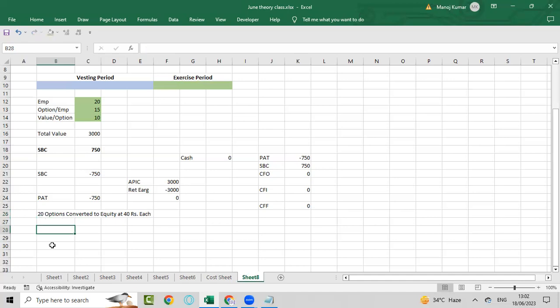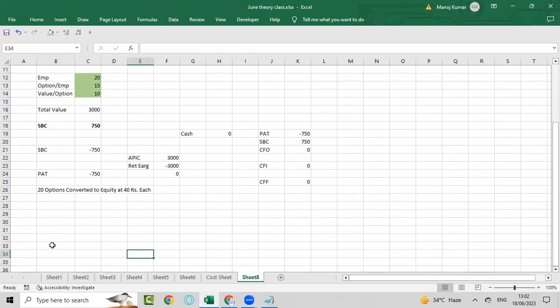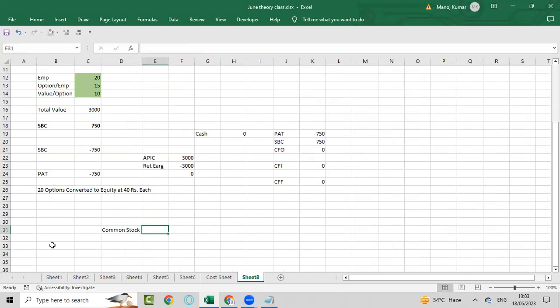So in the income statement, no effect. In the balance sheet, what will happen? Common stock will come. How much will my common stock be? 20 options into 10, the face value of 1 share. That is common stock. The remaining 30 rupees is your premium. Where will that premium go? In additional paid in capital.